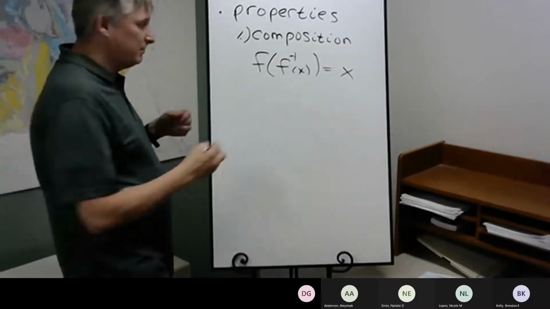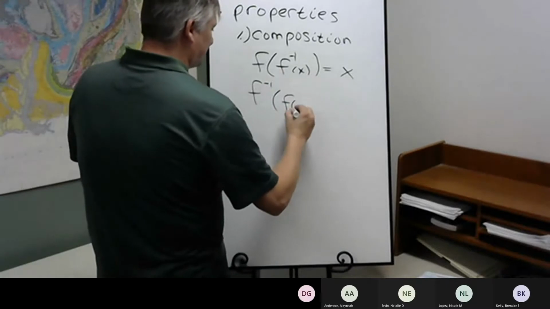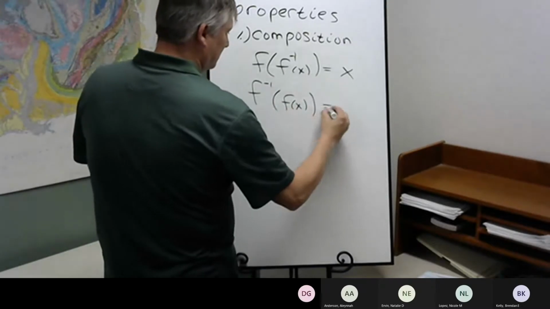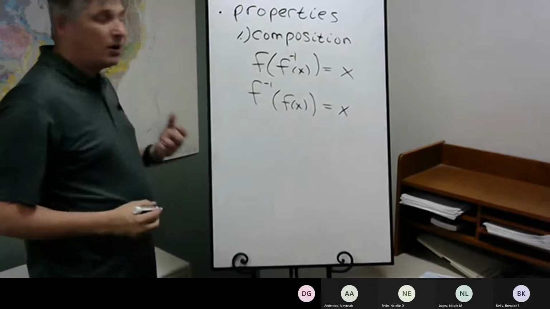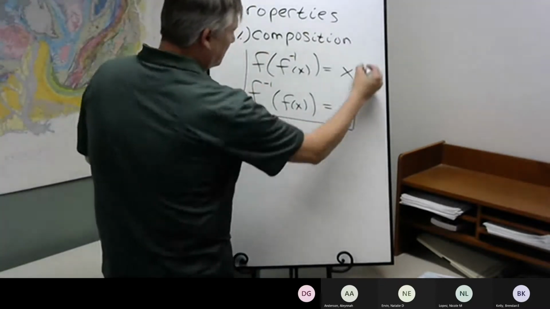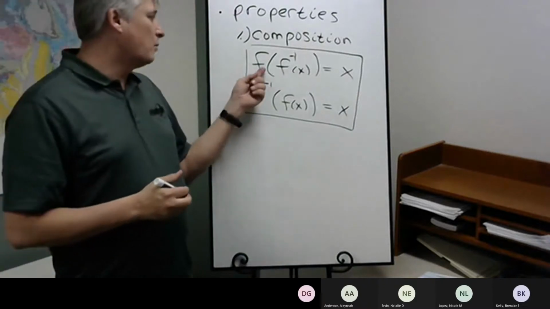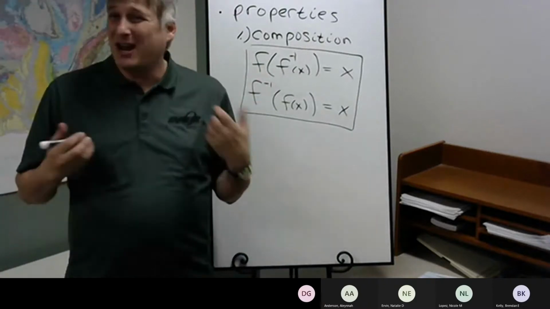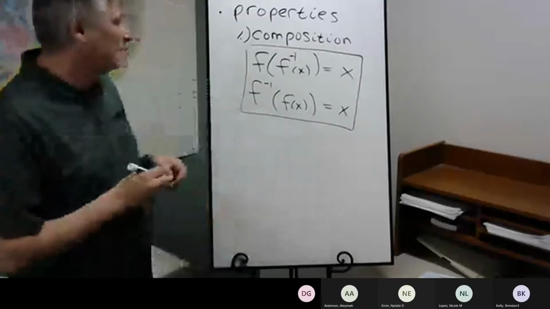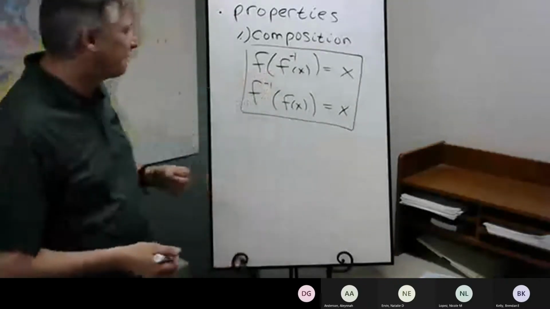And likewise, if we place the original function inside the inverse, we also get x. And both of these need to be true. If you have a function where only one of these works, then you actually don't have inverses, you have something else. But both of these need to work if the functions are in fact inverses of each other.